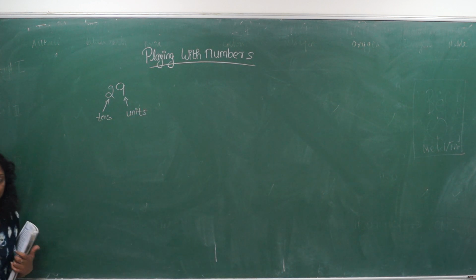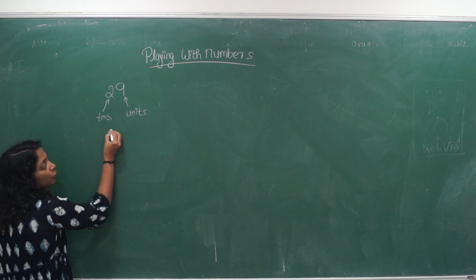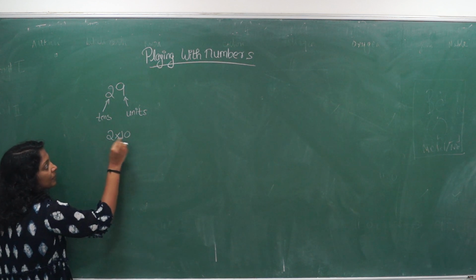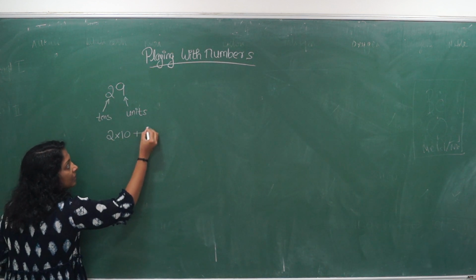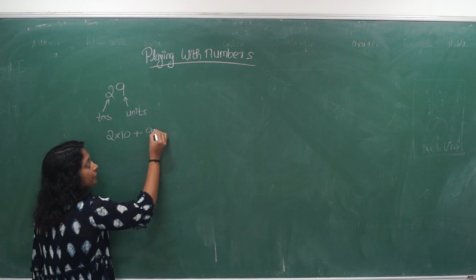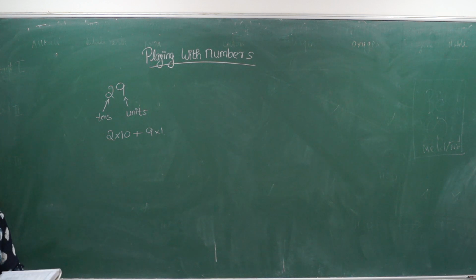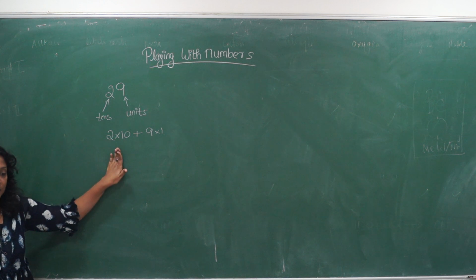So this can be written in terms of its place value as 2 into 10, that is tens place के साथ हमने उस digit को multiply कर दिया, plus 9 into 1, right? So this is called the number in its generalized form.